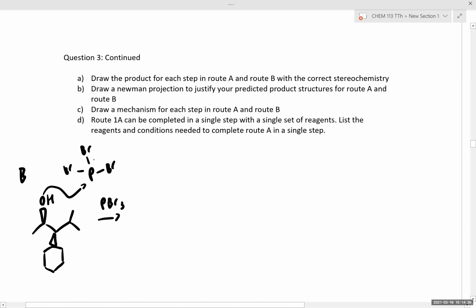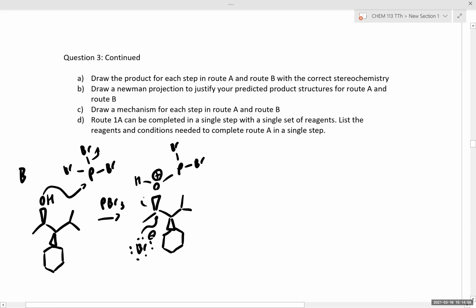To showcase that, our alcohol will attack our electrophilic phosphorus atom. And then from there, our nucleophilic bromide ion will attack and displace our alcohol.